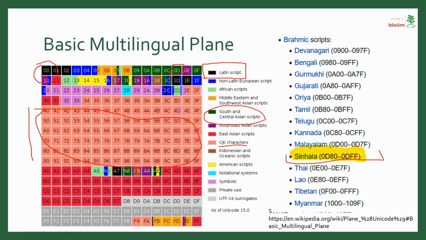In the current version of Unicode, almost 90,000 ideograms are represented. Then we have some other parts dedicated for private use and some part for UTF-16 surrogates. We will talk about character surrogating in future videos.